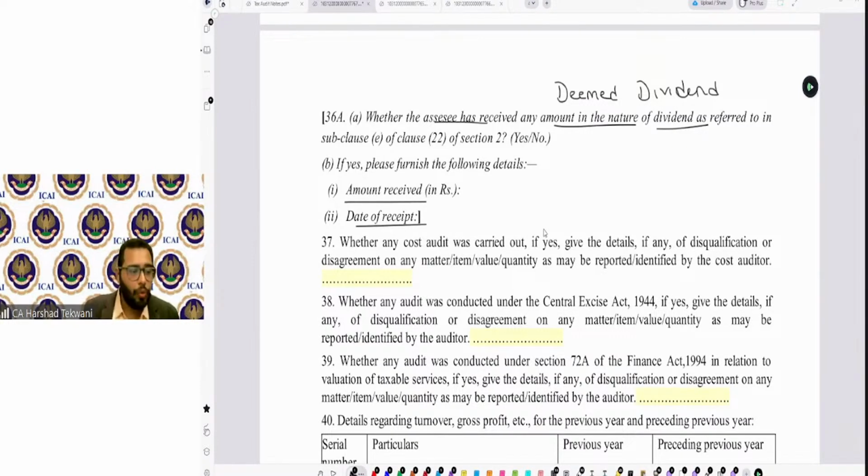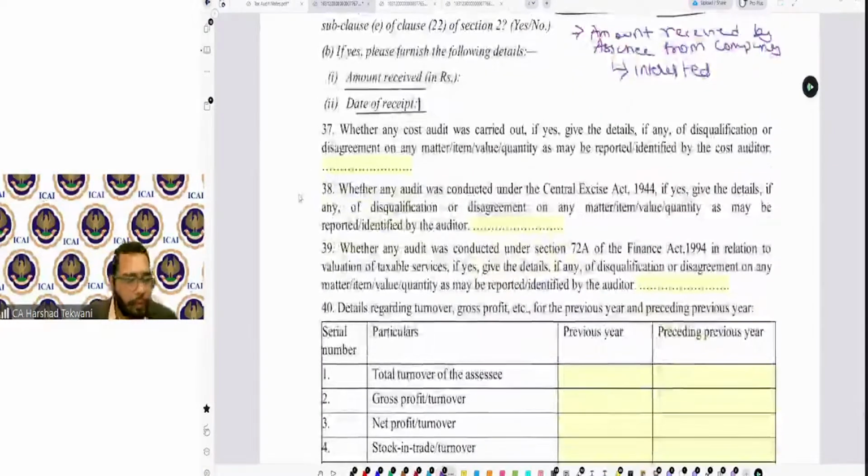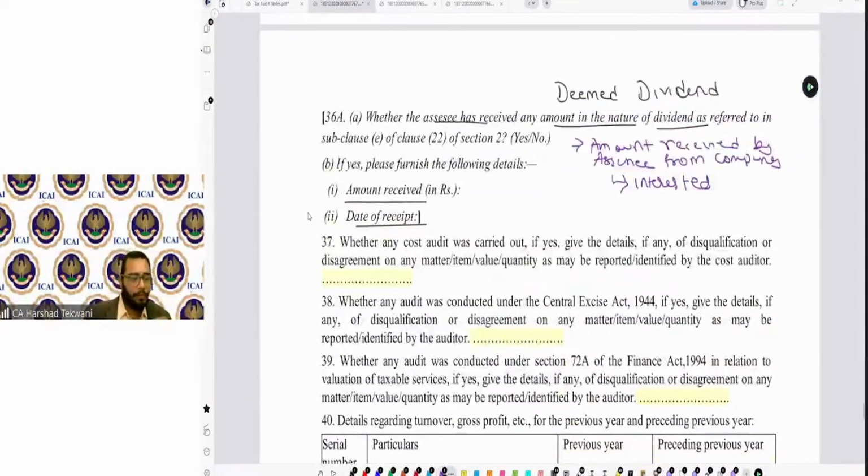For that, you need to verify the amount received by the assessee from a company where the assessee is interested. That is deemed dividend. Clause 37 talks about cost audit.